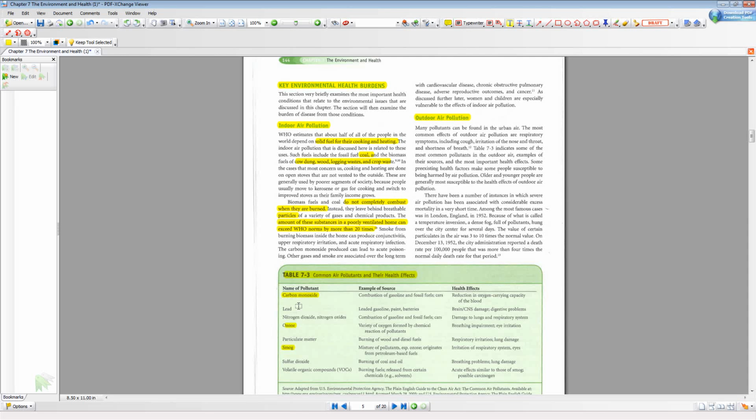It's estimated that the current average particulate air pollution levels in the developing world are approximately 12 times higher than those proposed by the WHO. So once again, we see that the developing world oftentimes has a higher risk for some of these environmental health concerns than developed countries.